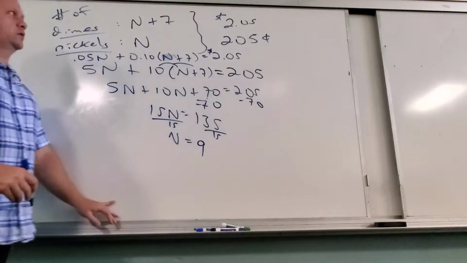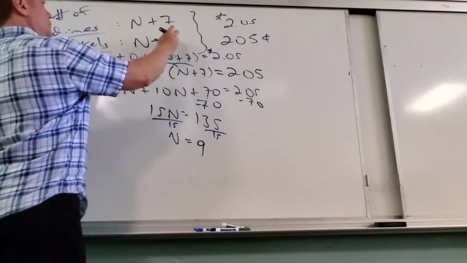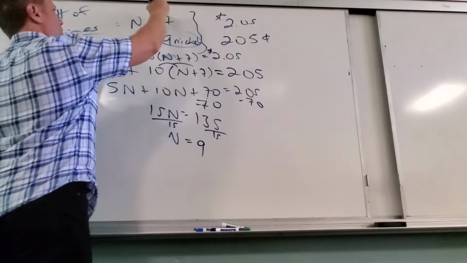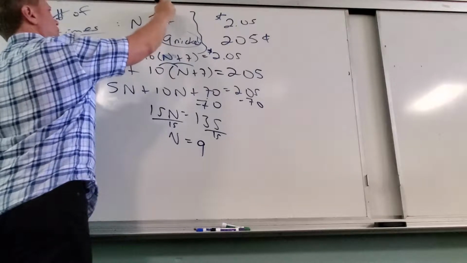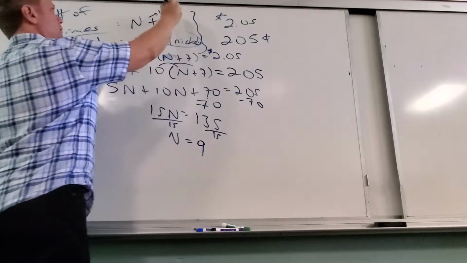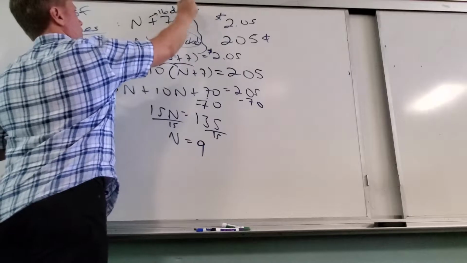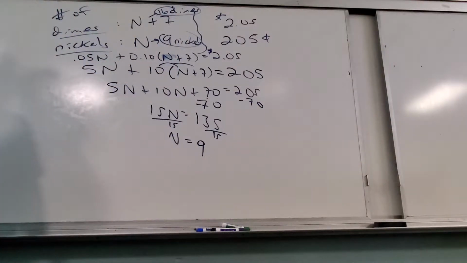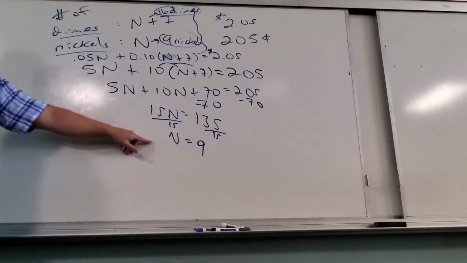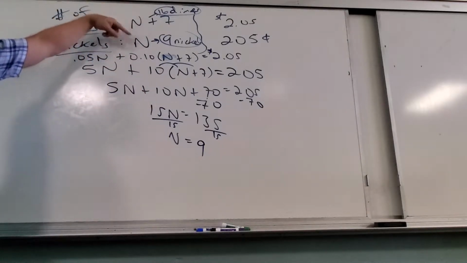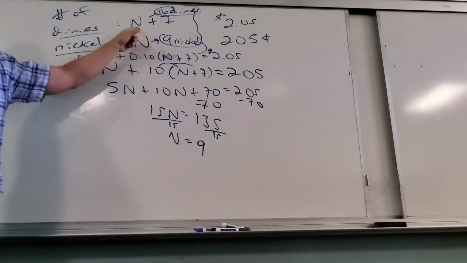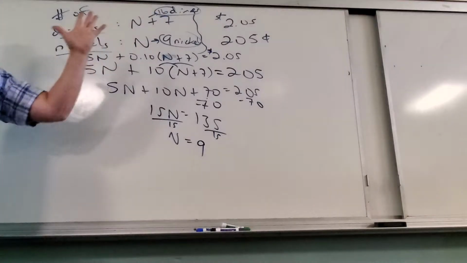Boom. So what's that mean? 9 nickels. And so that means how many dimes? 16 dimes. You guys all right? The minute we get the question answered, I've already got set up how to answer the question. Because I know n is this answer, and n plus 7, bam, is the other answer.